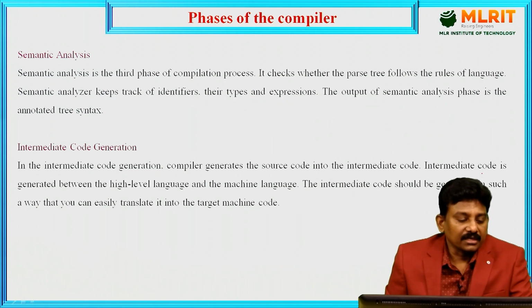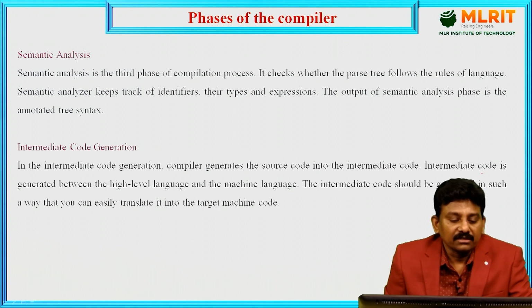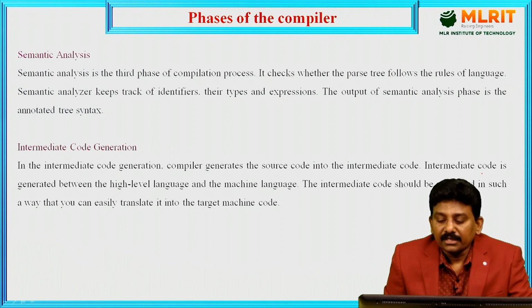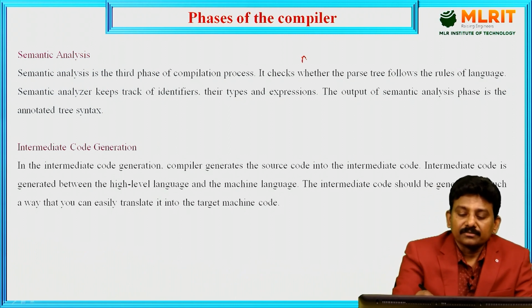Next, semantic analysis. Semantic analysis is the third phase of the compilation process. It checks whether the parse tree follows the rules of the language. Semantic analyzer keeps track of identifiers, their types and expressions. The output of the semantic analysis phase is the annotated parse tree. Here the semantic analysis checks for meanings.